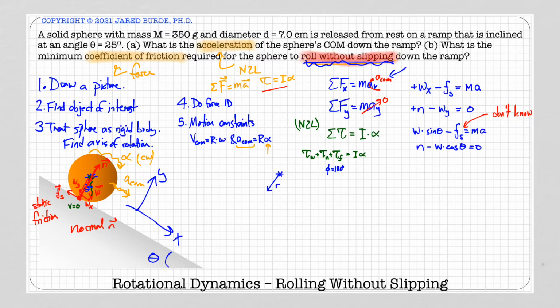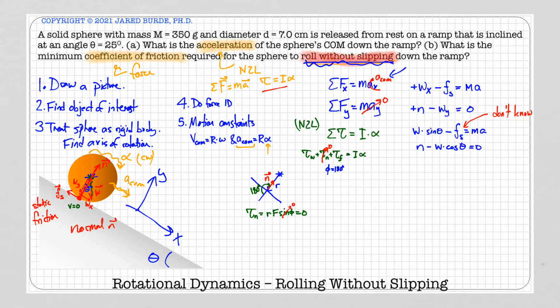We're going to have R pointing to that interface where the ramp is, and the normal force is pointing back at it. And so our phi value is going to be 180 when we say that the torque due to the normal force is R times F times sine of phi. Sine of 180 degrees is going to give us 0, and so the normal force is actually not going to contribute anything.